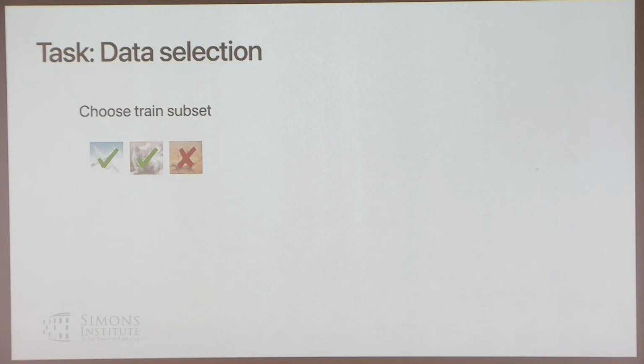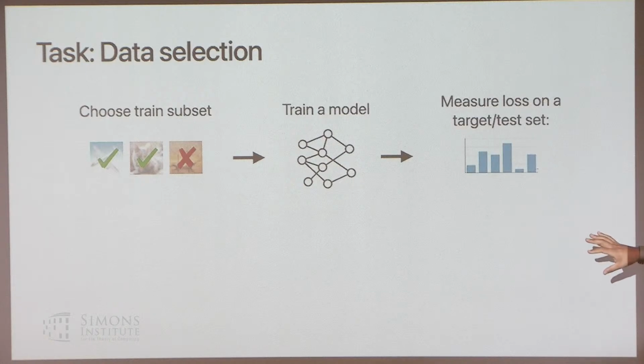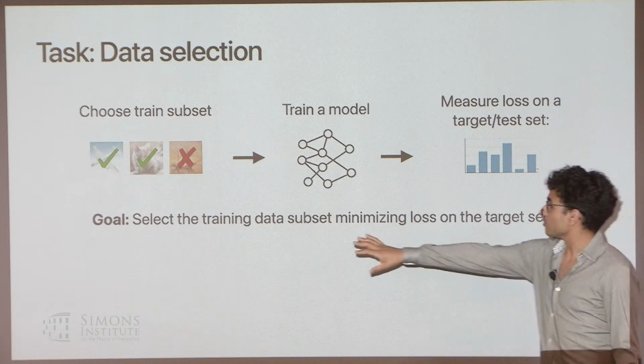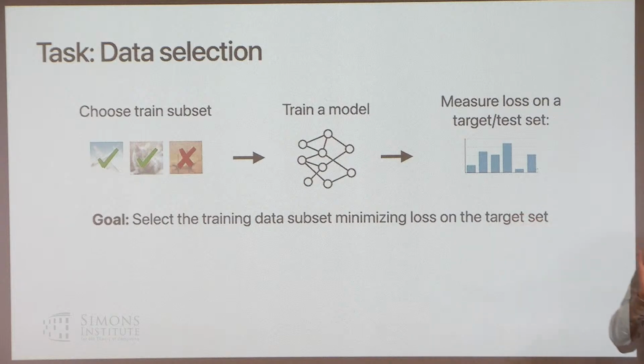So let me first give you some of the applications, for people who are less curious about differentiating through optimization. Data selection. Remember, the goal here is, in general, you pick some training data set, you train a model on it, you measure your loss on some target set, and your goal is to find the subset of the training data that's going to minimize this target loss, in expectation, not on a specific finite sample set.